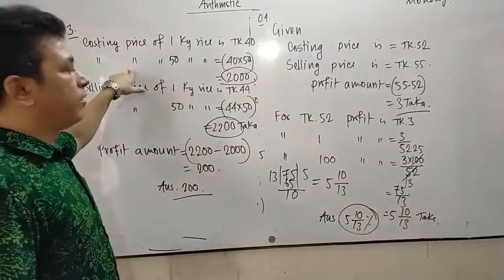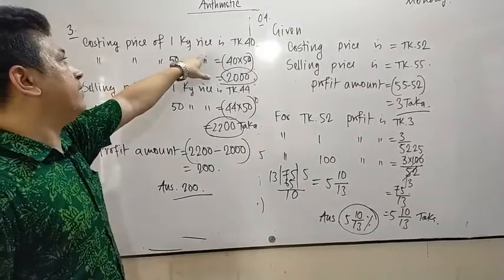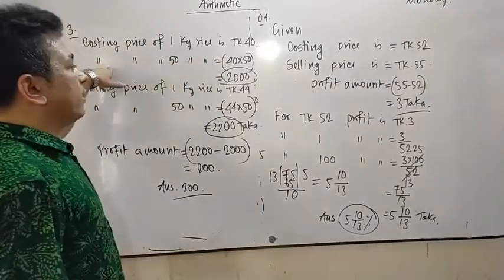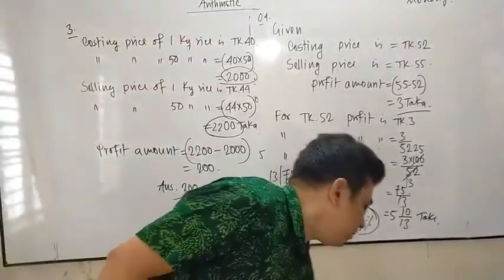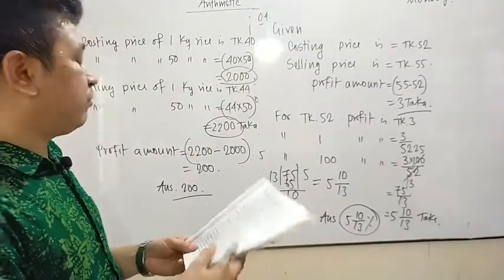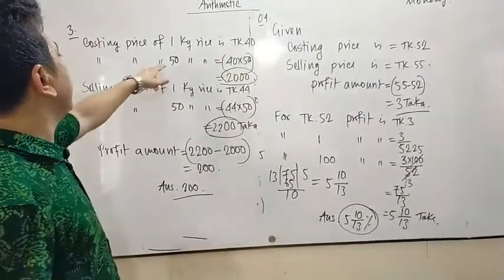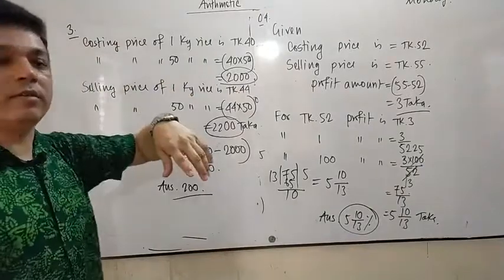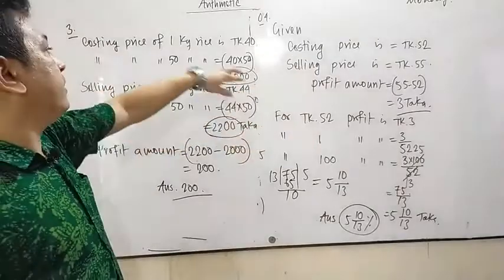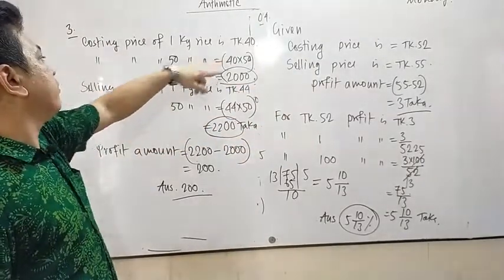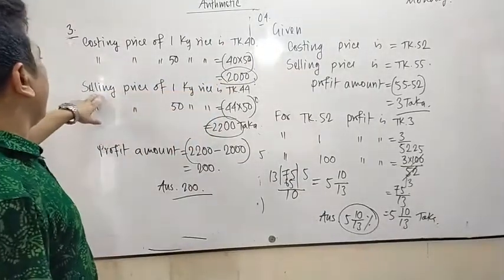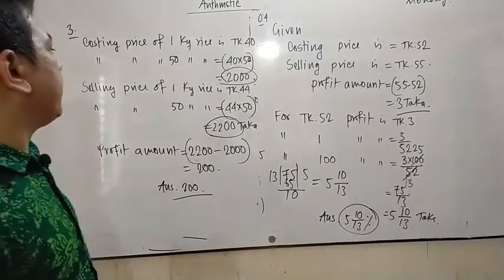Number 3: 1 kg of rice is bought for 40 taka, and Robbie bought 50 kg of rice. The cost price of 50 kg of rice is 2000, and he sold it at 44 taka per kg.